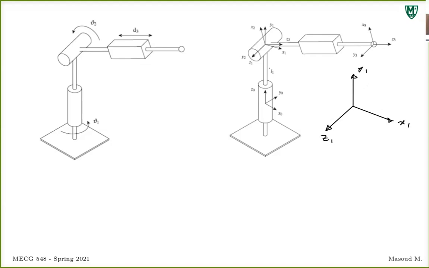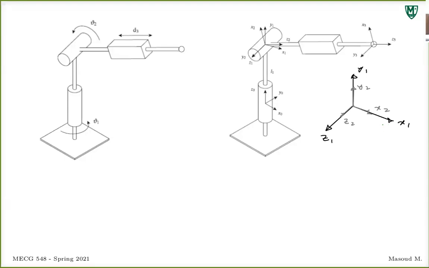I'm going to start with x2, y2, z2 being aligned with this. I just want to follow your steps and see where we end up. Can you go over the steps again? We'll do it here one by one.